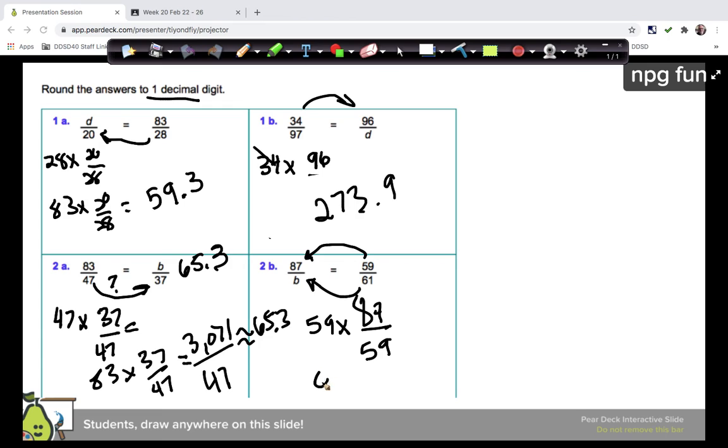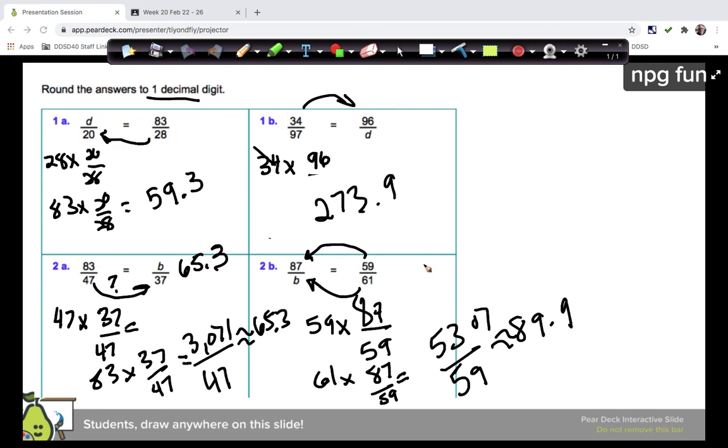So I'm going to do 61 times 87/59. 61 times 87 is 5,307, and we'll divide that by 59. Divided by 59 is right around 89.9, so almost 90.